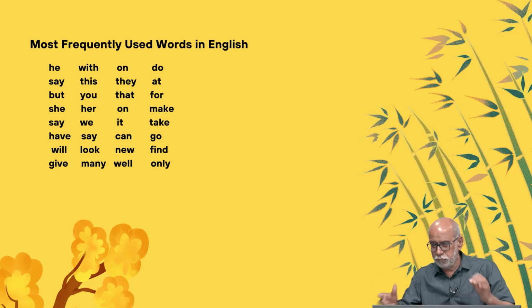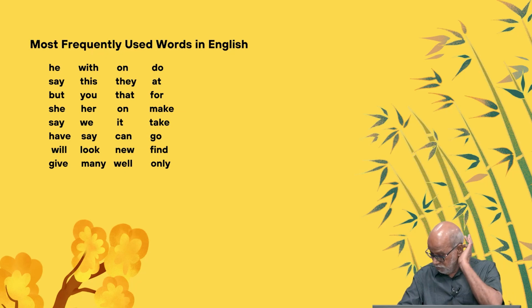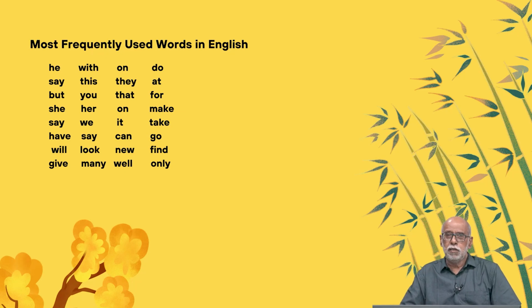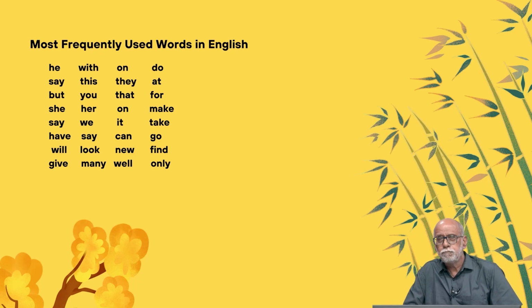But all of these words are used most frequently in the English language. They make the first 100 words of English, according to some, not necessarily universally, but by and large, yes, these are, and there are other lists, other words. I am going to talk about some of the other lists as well.